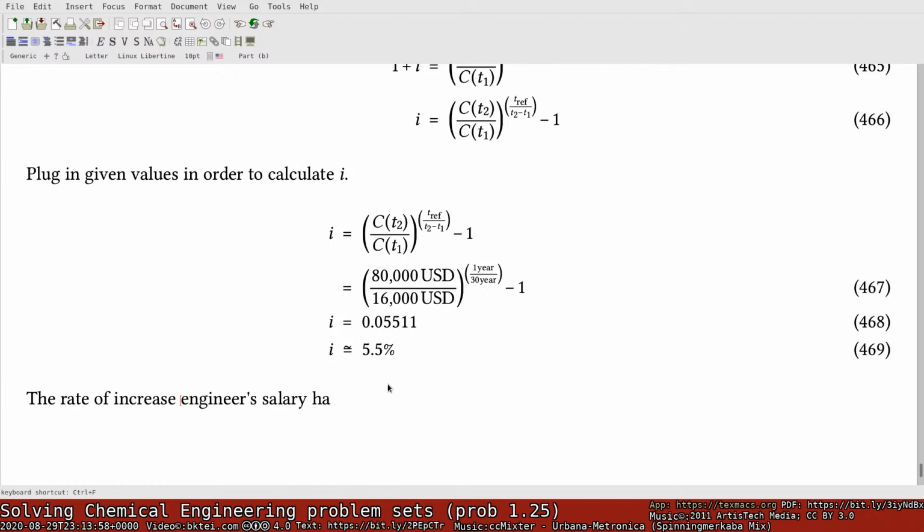The rate of increase of the engineer's salary between the years 2000 and 1970 was, let's do the average rate, 5.5%.